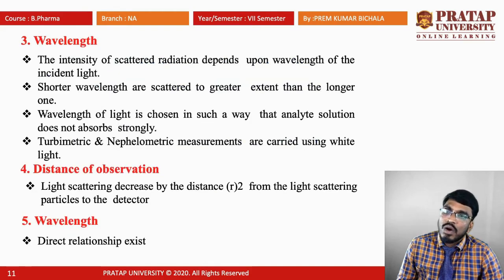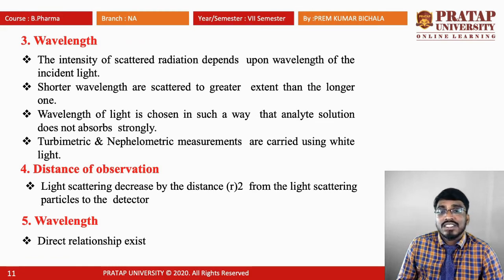The third factor is wavelength. The intensity of scattered radiation depends on the wavelength of the incident light. Shorter wavelengths are scattered to a greater extent than longer ones. The wavelength of light is chosen in such a way that the analyte solution does not absorb strongly. Turbidimetric and nephelometric measurements are carried out using white light.